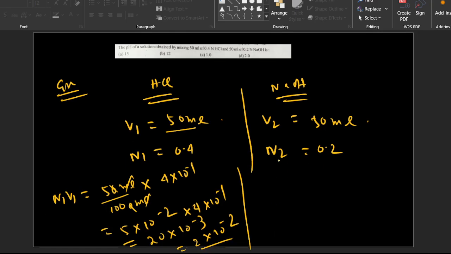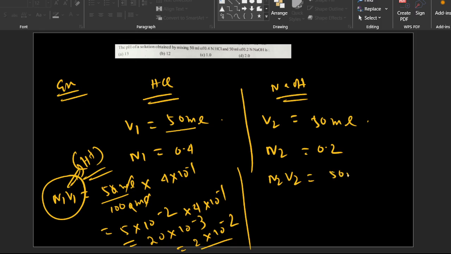And for the base, we calculate the number of moles of OH minus, which will be N2 V2. So V2 is 50 ml by 1000 ml into 2 into 10 raised to minus 1.